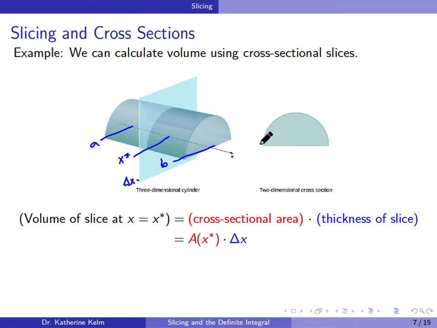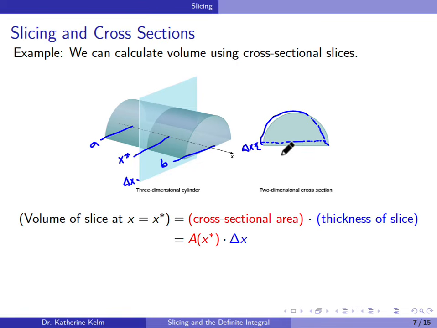Imagine that this is a slice with a little bit of thickness, and the thickness is delta x.